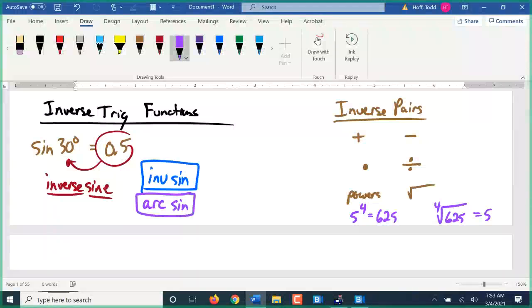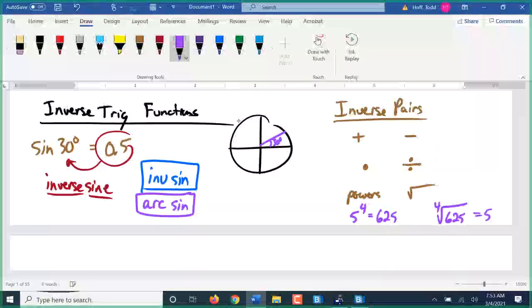We talked briefly about radian measure in our angles, where on our unit circle, if this is our angle here, that might be 30 degrees or whatever, the length of that arc is another way of measuring that angle, and it would be radians.